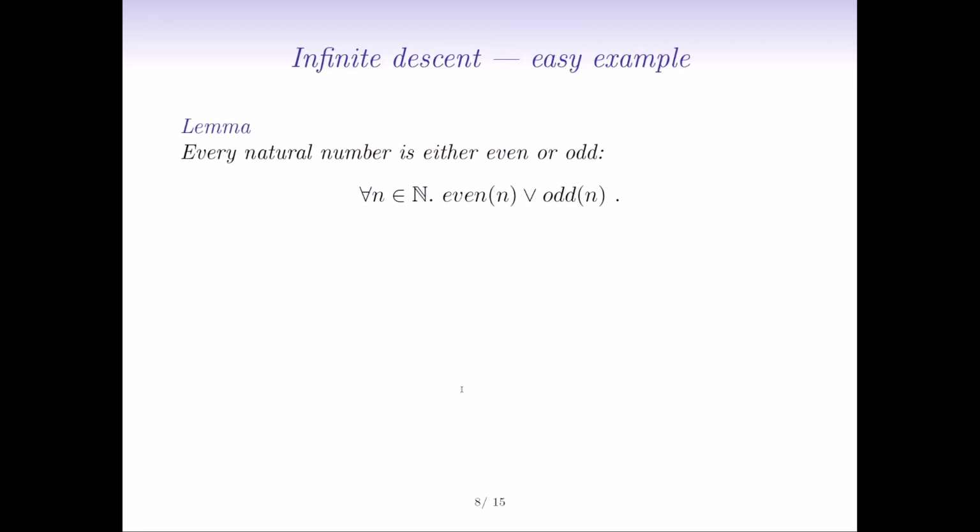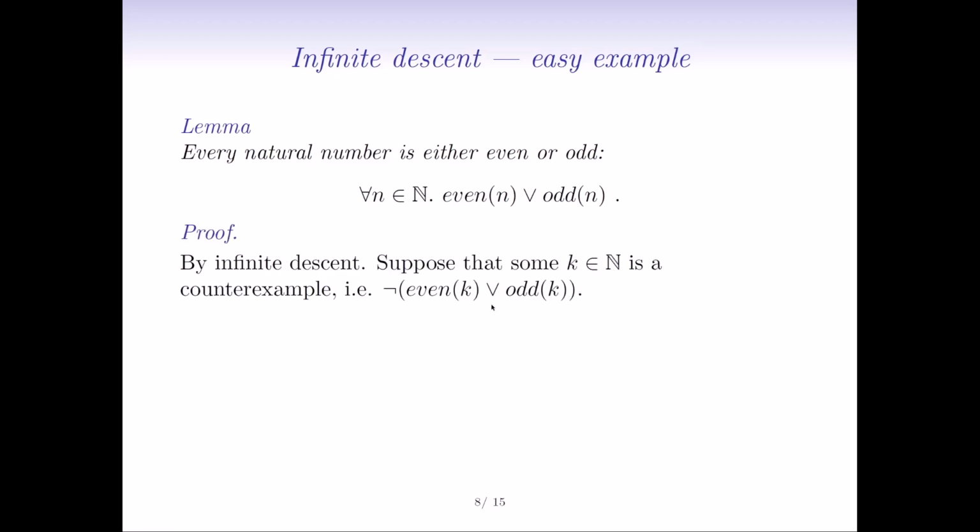Let's see an example of this. Now, I think we already showed by induction on the natural numbers, I think a standard induction, that every natural number is either even or odd. But just as an easy example, let's turn around and prove the same thing by infinite descent. Now, infinite descent says to show that some property P, which is the property of being either even or odd, is true of all numbers, which is correct.